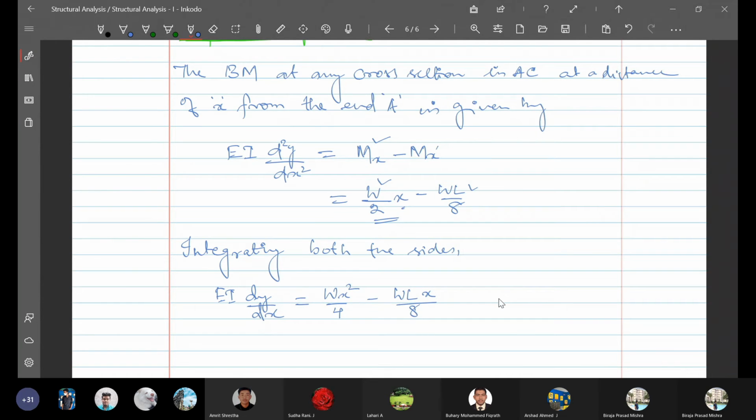And what is the general rule of integration? After the integration we will add a constant, that is C1. Let us say C1 is the constant.